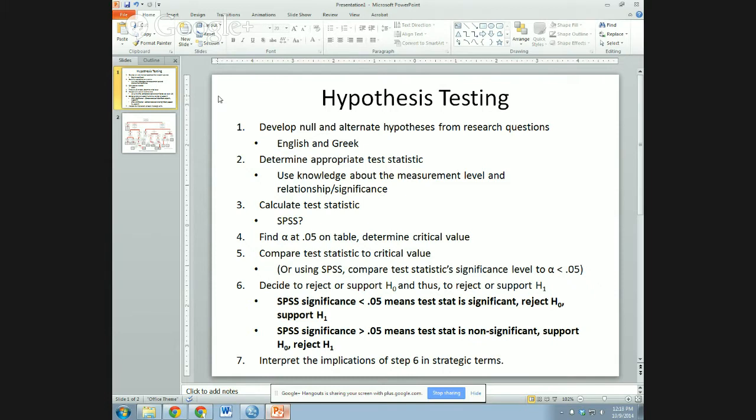They give us the test statistic and they give us the test statistic's significance level. So this makes it very easy for us to determine whether or not we accept or reject the null hypothesis, and therefore, do we accept or reject the alternative hypothesis? And that is number 6. Decide to reject or support the null hypothesis, and thus to reject or support the alternative.